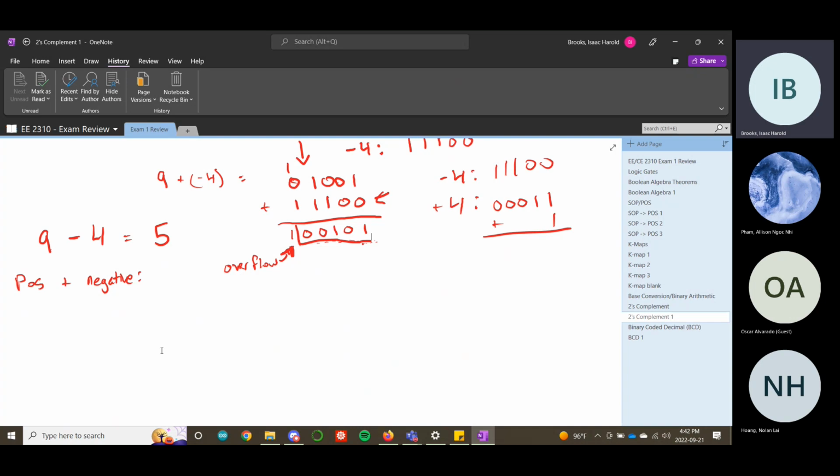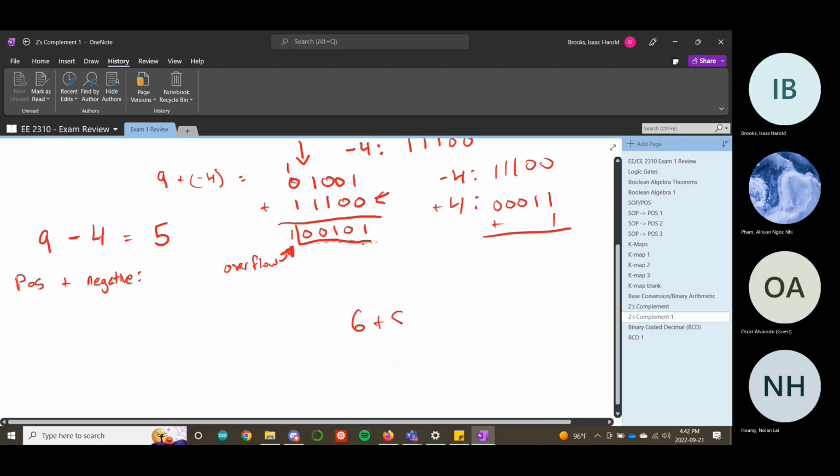Yeah, if we're talking about getting an overflow bit, that's like this case, anytime you're working with negative numbers. If we're talking about you add like 6 plus 8, or I guess 6 plus 10, and that gives us 16. But if we don't have the bits to work from that, so we're working with 5 bits.